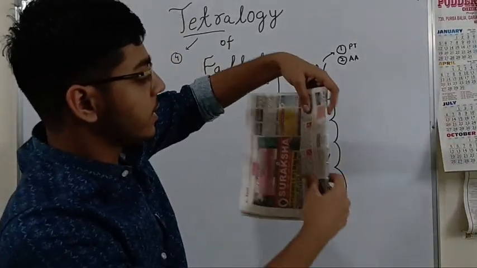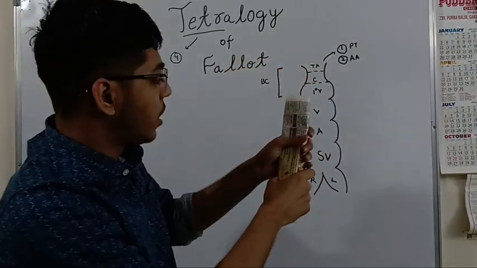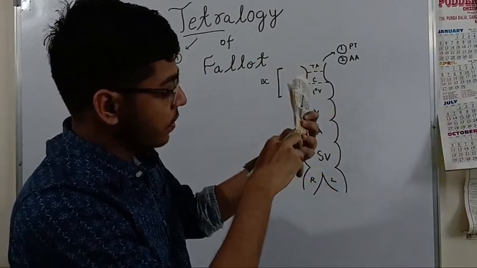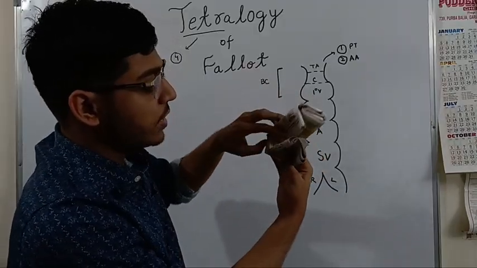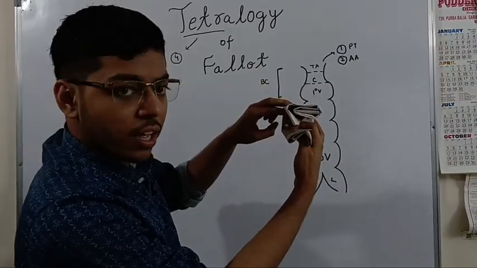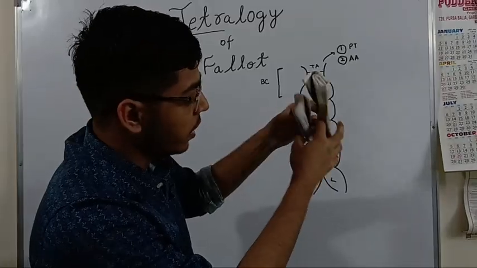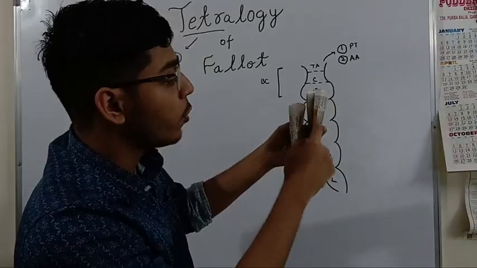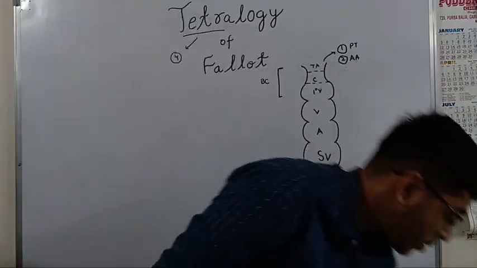Let us suppose that this is the primitive heart tube. When this structure folds upon itself, it will somewhat look like this. And if we see it from another aspect and view, it will look like this. So we are going to draw a pictorial representation of this.